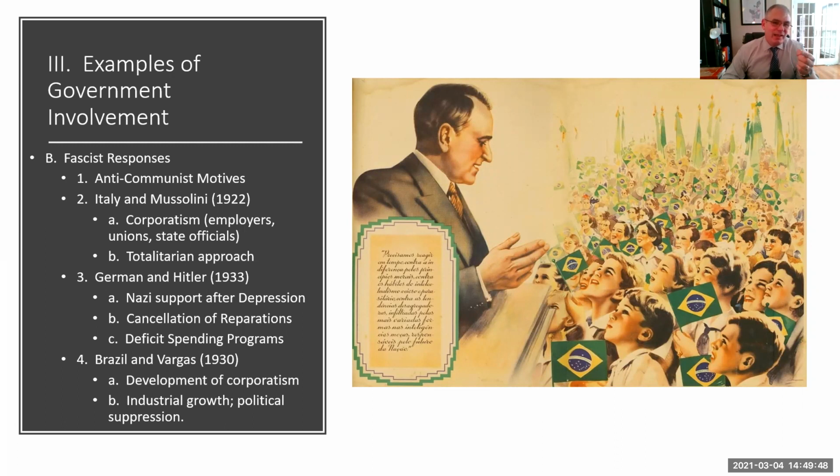So when you look at Hitler, Mussolini, and Vargas, all three of them, they don't assume control of the economy the way the Soviet Union does. They don't assume control the way Mexico does. They don't even have New Deal programs the way the United States has.